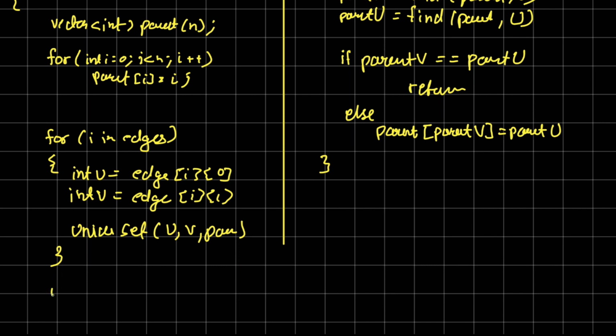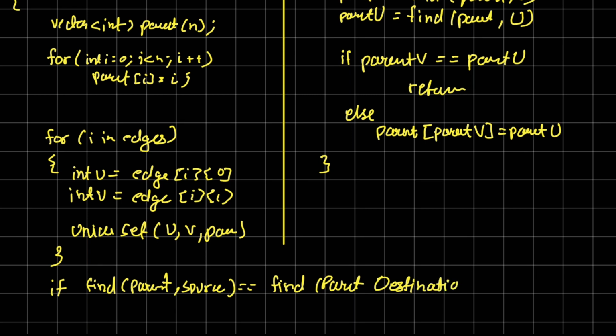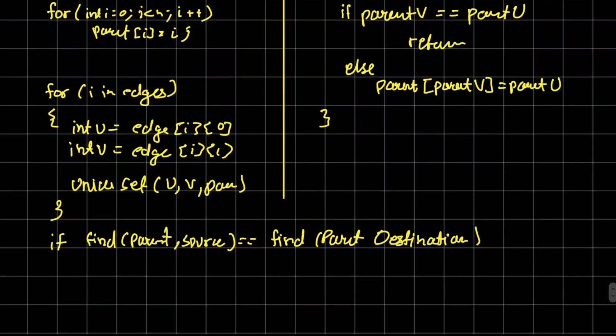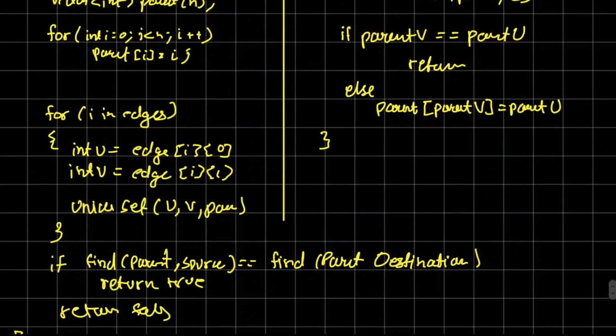So we can say if find parent of source is equal to find parent of destination, and if this is true, then we must return true as the path exists, else we will return false. So that will be our valid path function.